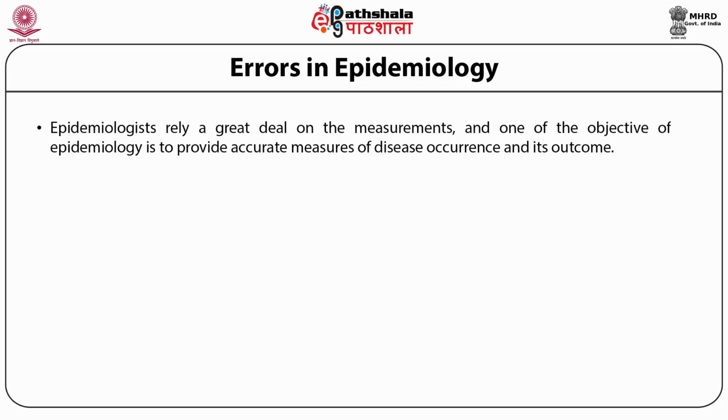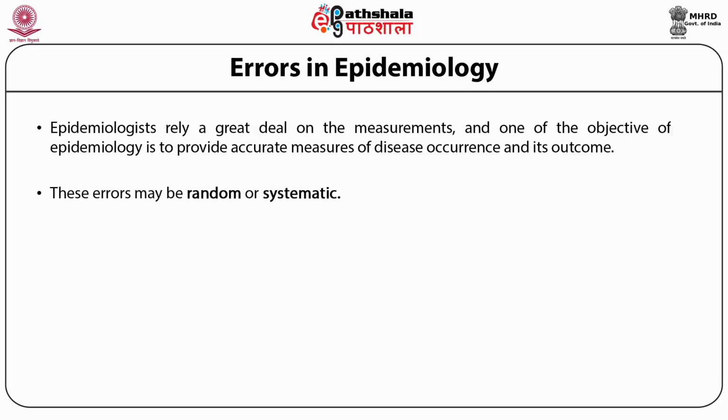Epidemiologists rely a great deal on measurement, and one of the objectives of epidemiology is to provide accurate measures of disease occurrence and its outcome. There may be many possibilities of errors in measurements, which must be recognized in order to try for their best possible elimination.